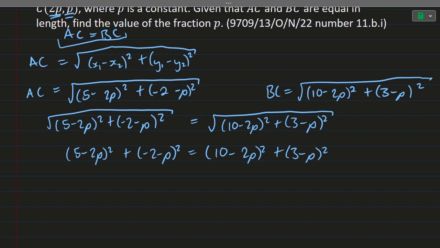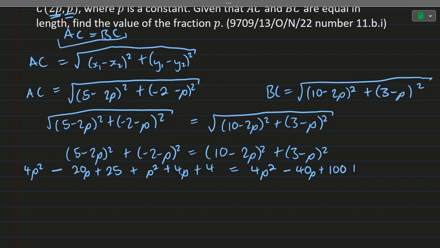So the first one would result in 4p squared minus 20p plus 25. The second one would be p squared minus 4p plus 4. And now the right hand side, that's 4p squared minus 40p plus 100. And the last one is p squared minus 6p plus 9.